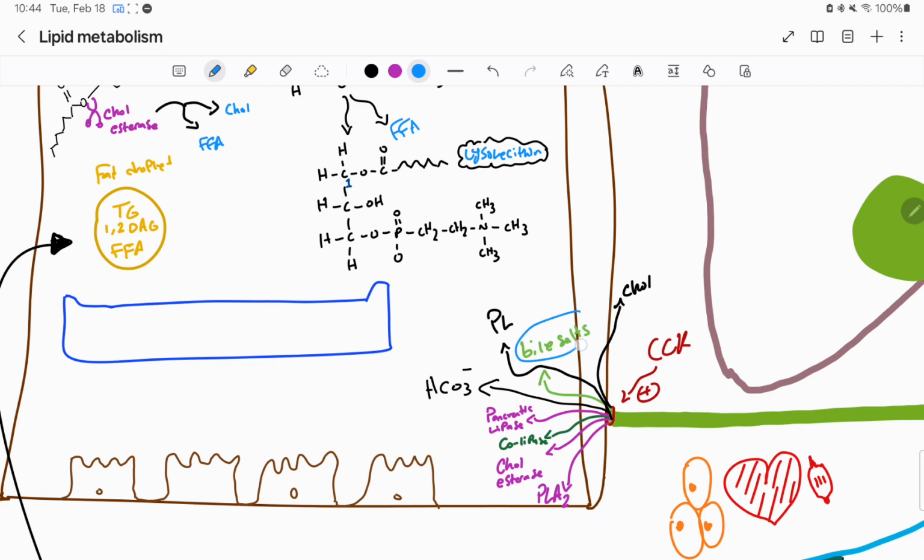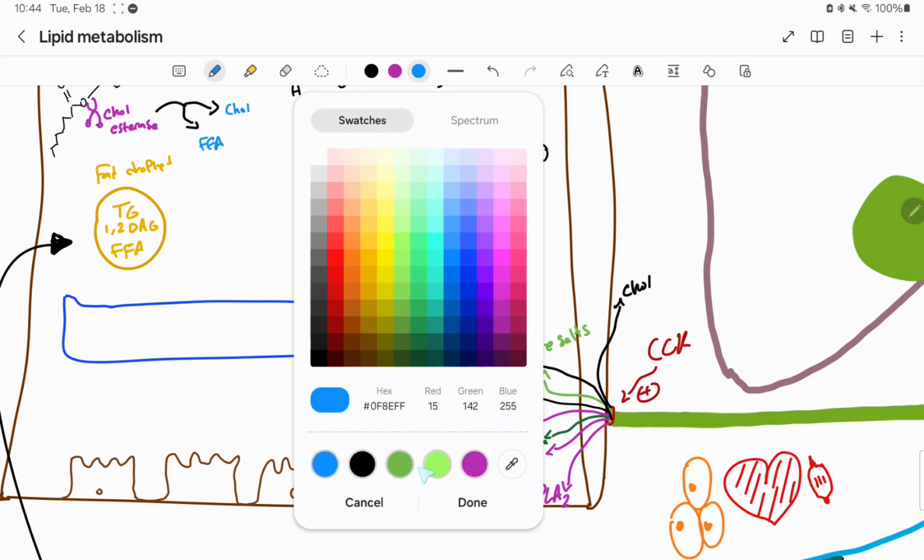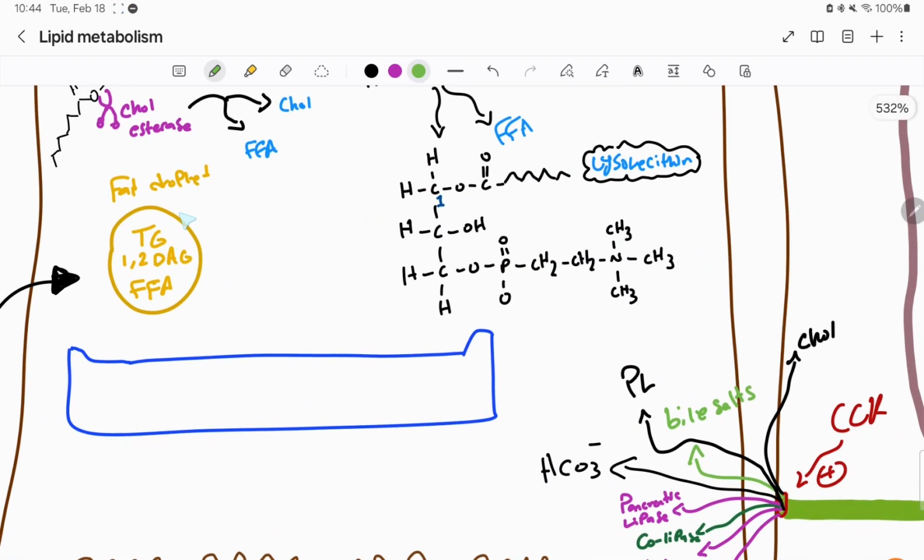Well, we use this special guy right here called the bile salts specifically. So these bile salts, guys, they're going to start coating the actual big fat droplet here, okay? And they're going to emulsify this guy. So here's the process of emulsification.